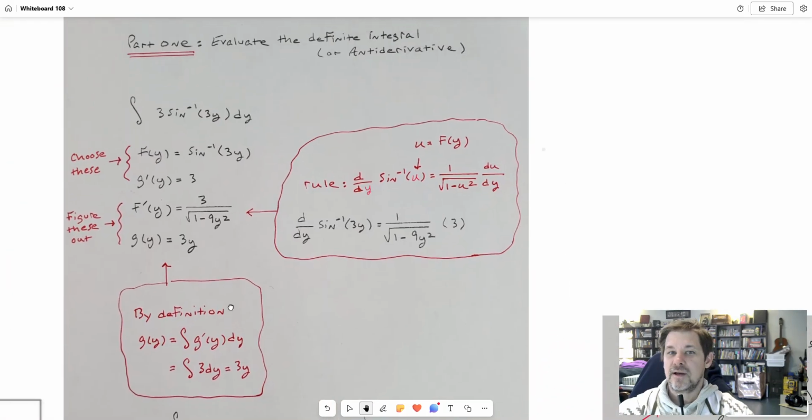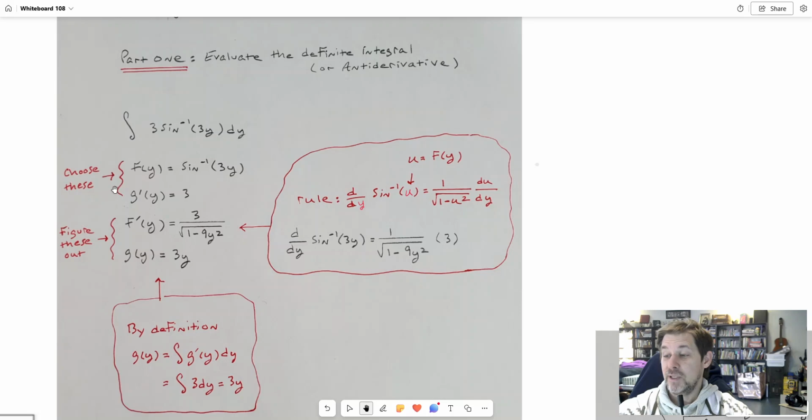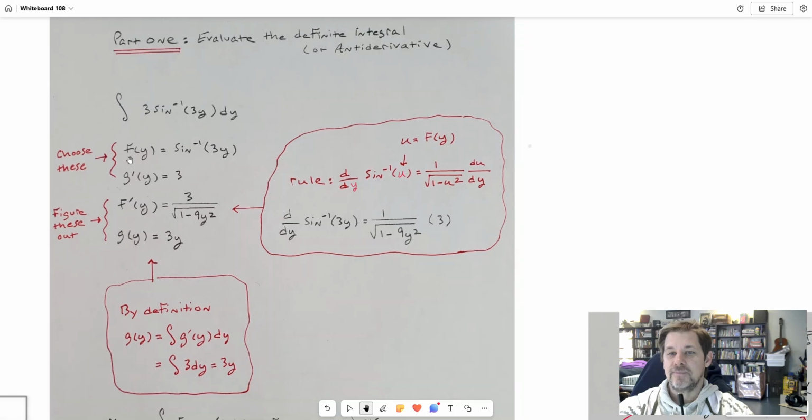And then once I make that decision and make my choice, I figure out f prime and g from those choices, okay? So now, all right, if I made the choice that f of y was sine inverse 3y, what's f prime? Well, in concept, that's just the derivative. F prime is whatever the derivative of sine inverse of 3y is supposed to be.